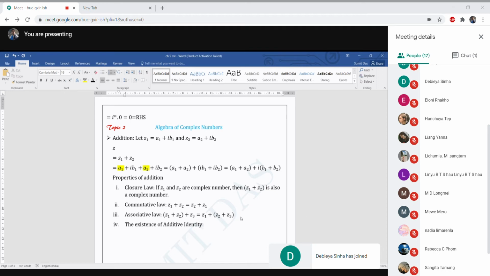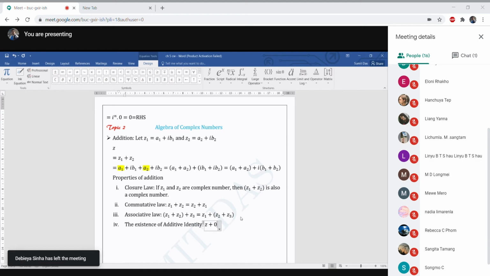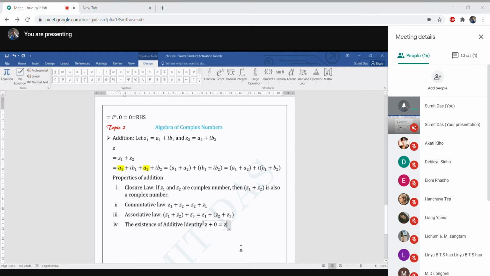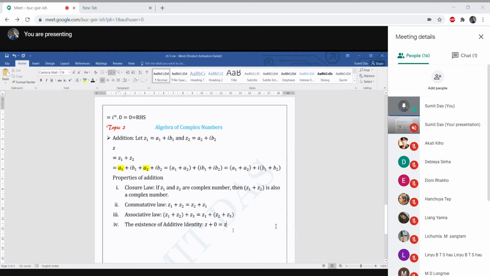What this mean? This mean, look, every complex number can be written as z plus 0 equal to z, right? If you add 0 with any complex number, it will be the same complex number, right? So this is the thing. This is called existence of additive identity. If you add 0 to any complex number, it will be the same complex number.